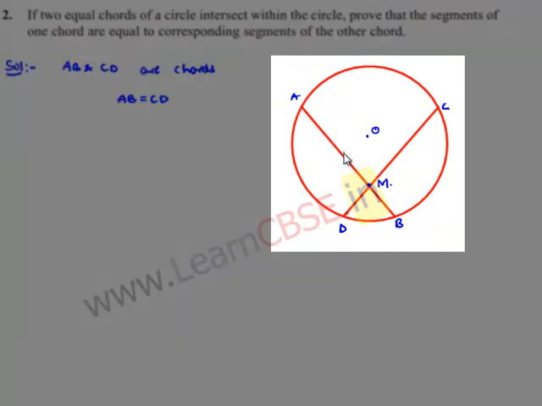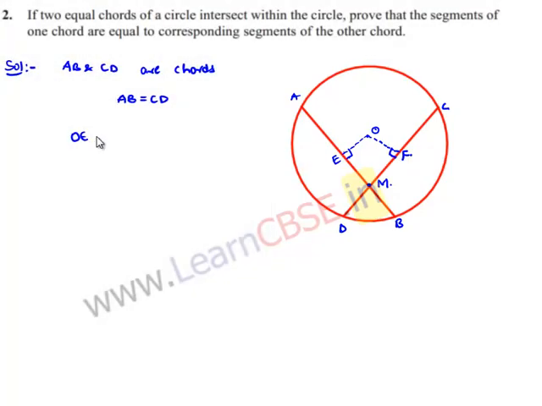Now let us draw a perpendicular OE to the chord AB and a perpendicular OF to the chord CD. That is, we have drawn OE perpendicular to AB and OF perpendicular to CD. Let us join OM.